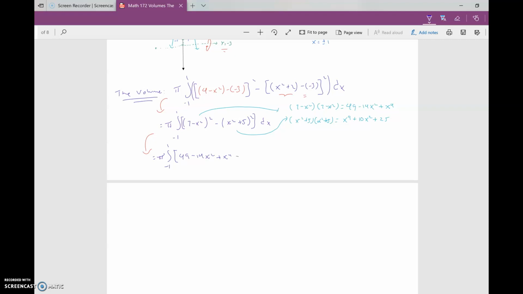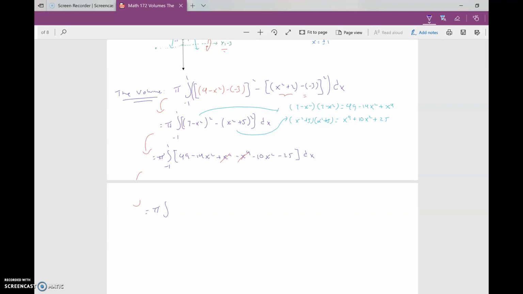So minus the x to the fourth minus 10x squared and minus 25. That's going to be dx. So let me simplify some of these. The x to the fourth cancel, and let me just move to the next step.